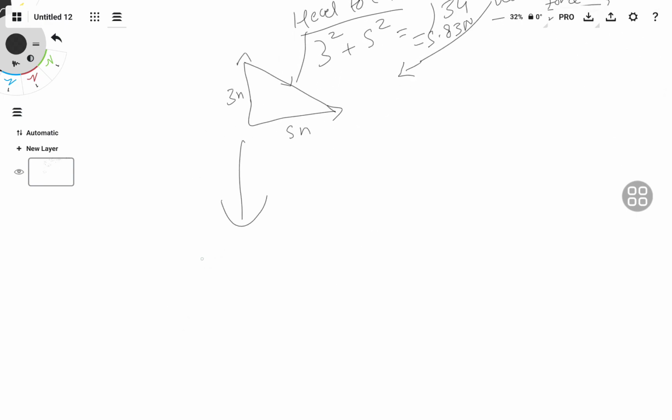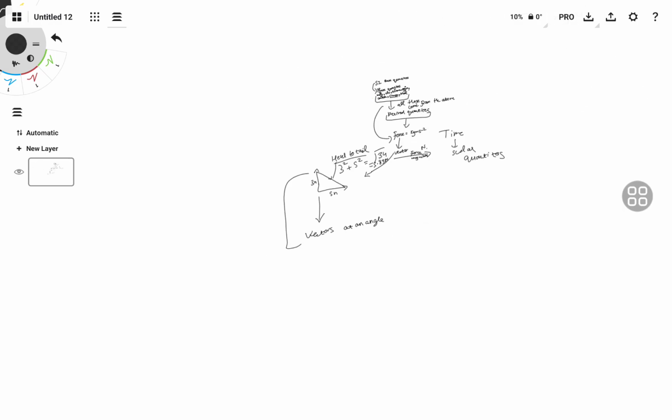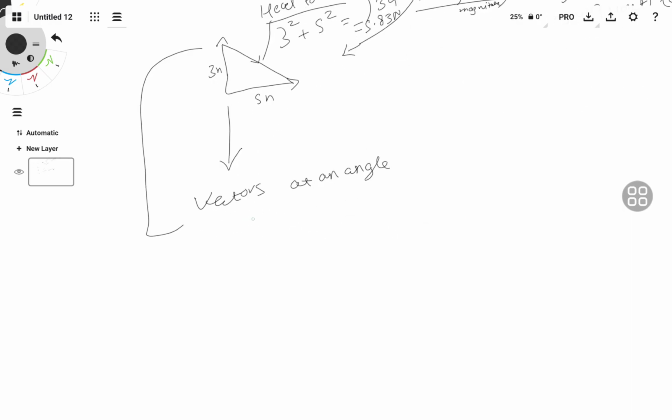We also have vectors at an angle. This will be called resolving vectors as a topic.